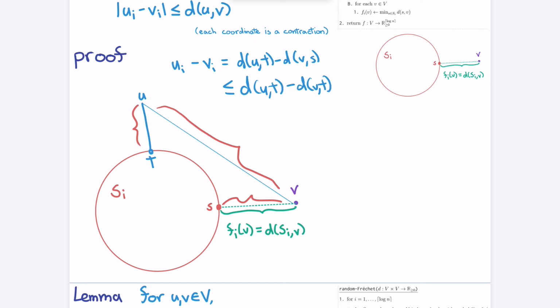Because s is the closest. Or did I get that backwards? I got it backwards. Right? And now what?